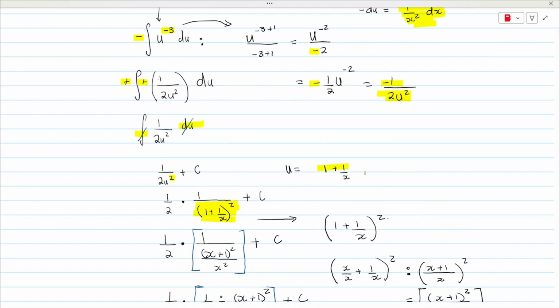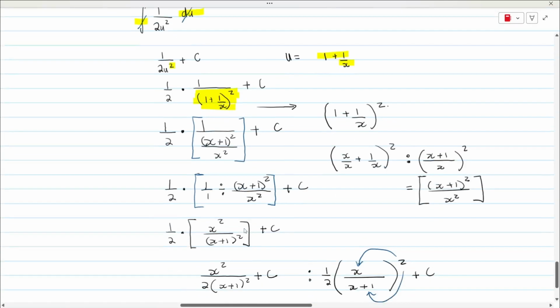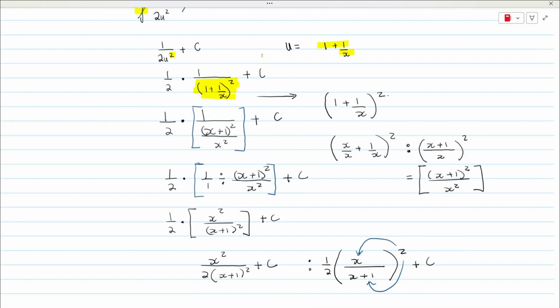With my u being 1 plus 1 all over x squared, I went on to simplify my equation, substituting my u, which I've already determined. It's 1 all over 2, or half, multiplied by 1 all over the u, which became this, plus c. I went on to simplify this further. So this question was quite long. To simplify this further by finding the lowest common denominator, by saying that x all over x is the same as this, then found this.